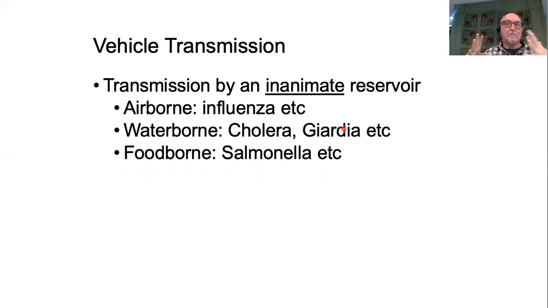The second vehicle of transmission is waterborne disease, which is hugely important on a population basis around the world. Diseases like cholera and many other diseases which are carried and stored in water, survive in water sources to be transmitted. And then lastly, the foodborne transmission.